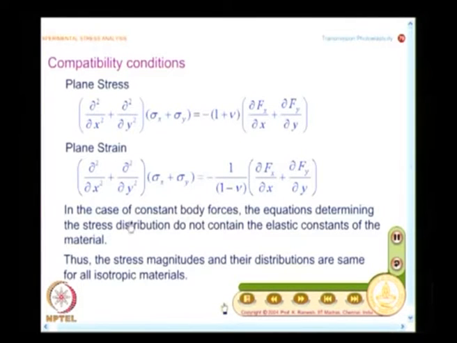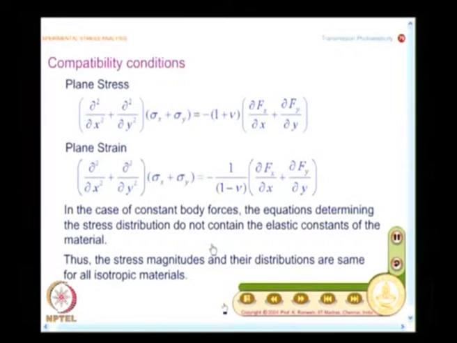So, in the case of constant body forces, the equations determining the stress distribution do not contain the elastic constants of the material. So, what is the implication? The implication is that the stress magnitudes and the distributions are the same for all isotropic materials.